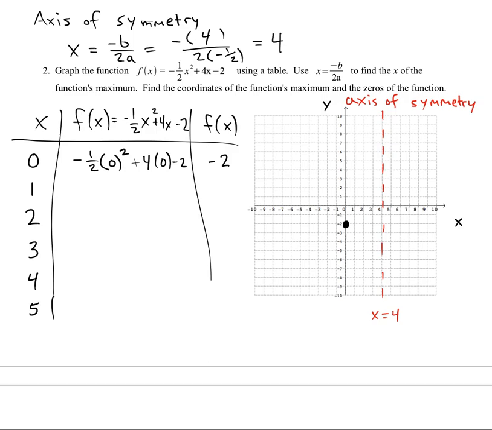Now let's try plugging in a 4 here real quick. That's a really important value for the parabola, because this is going to be the vertex.